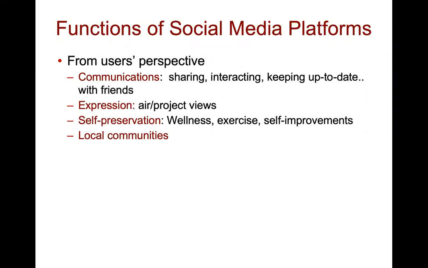We also want to motivate ourselves and self-improve, so we want to talk about wellness, exercise, self-improvement. There's a social network called Endomondo, for example, which was bought over by Under Armour a few years ago. That's about running, about achievements, and this is also this type of social network.